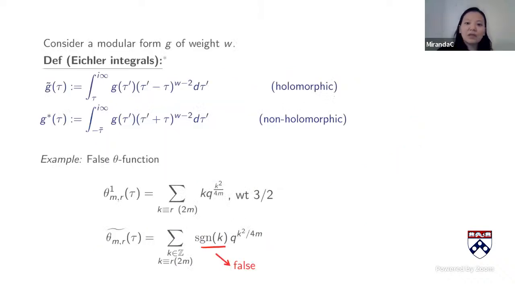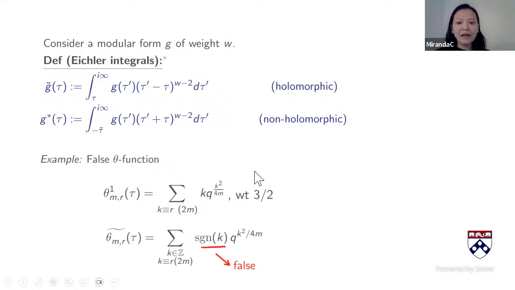To explain that, I need a little bit of technical definition, that of isolated integrals. Consider a good old honest classical modular form of some weight, and then we can define its isolated integral as its integral dressed up by some weight factor. It comes in two flavors: one is holomorphic, the other is non-holomorphic, and they're related in quite a simple way.